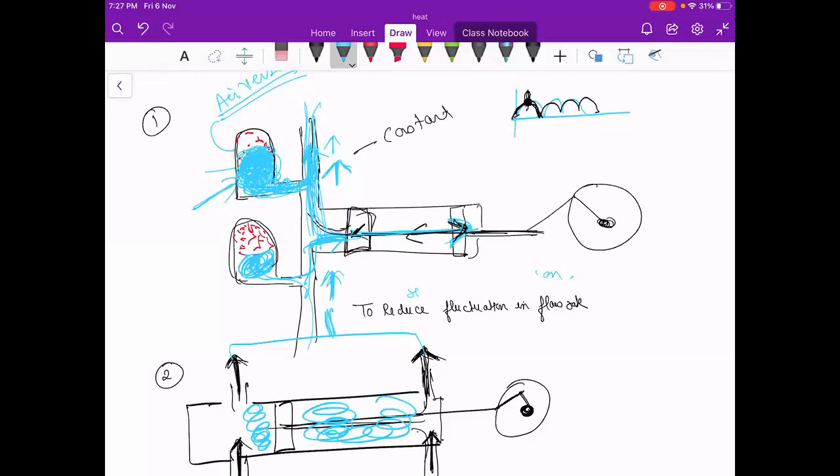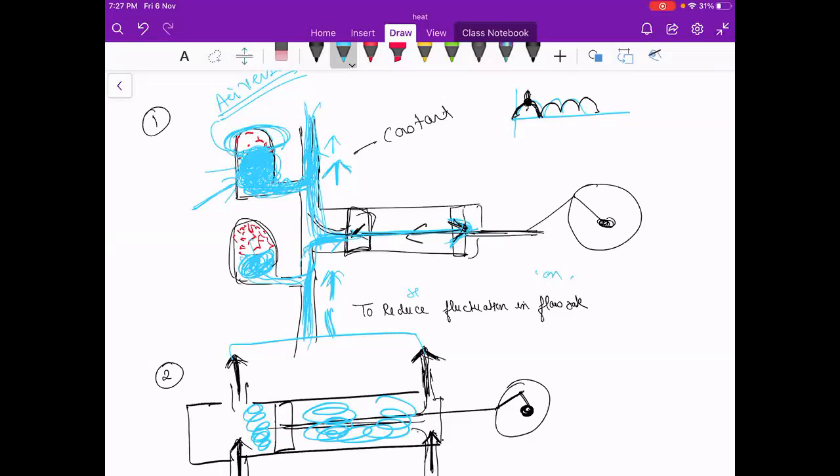Now that liquid will move to the main pipe and again it will be filled with some amount of air. The same applies to the bottom section also. When it sucks, some liquid will go there. So when it is going forward, some liquid may go into this section so that it will increase the flow rate. So this is about the air vessel.